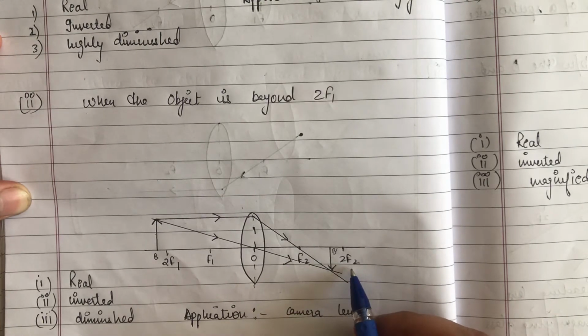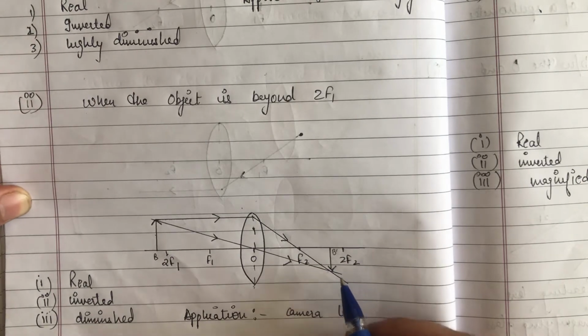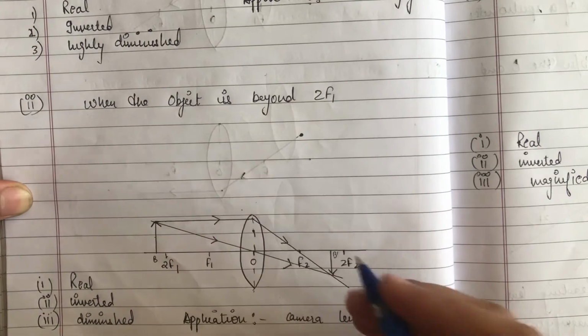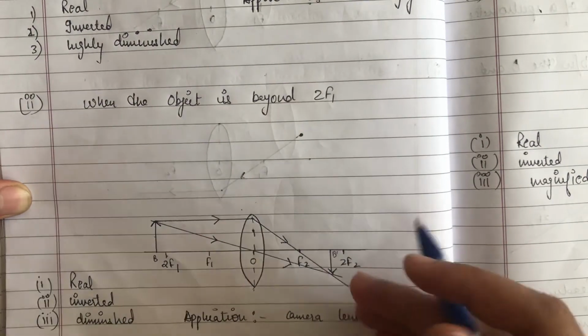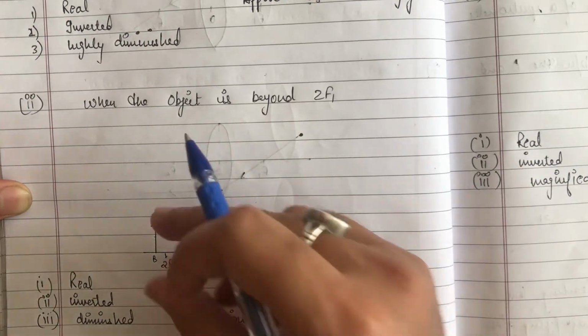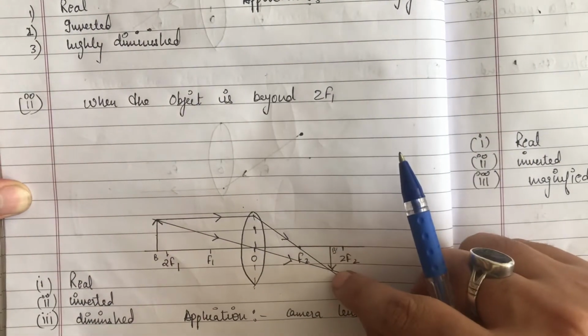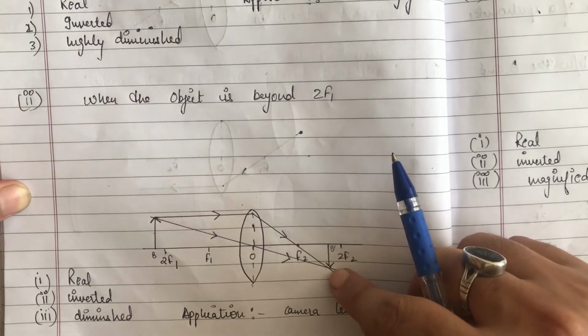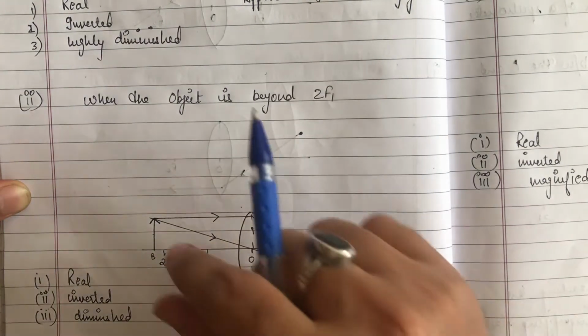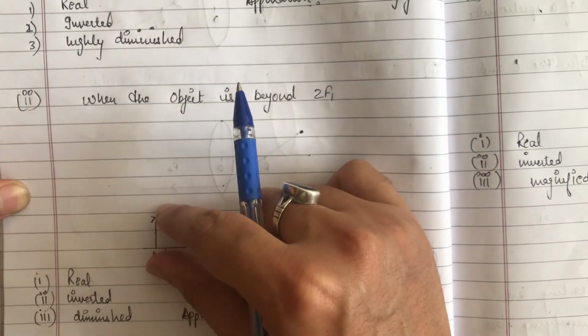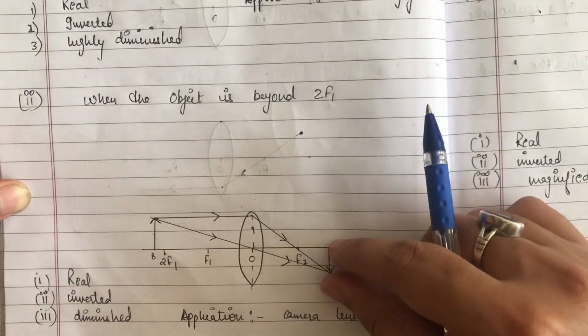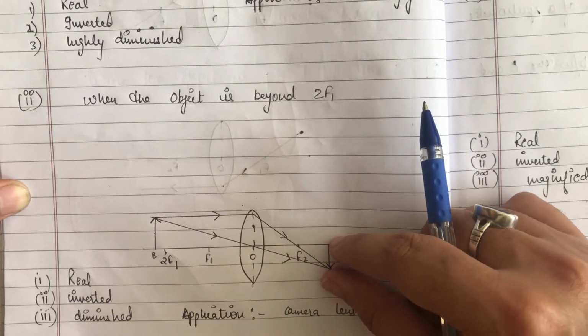Now the nature of the image: it is real, because it is formed on this side of the lens, and it is inverted. You can see it is upside down, the object is like this and the image is formed like this, inverted. And it is diminished. Diminished means the size of the object is larger, and the size of the image is smaller.